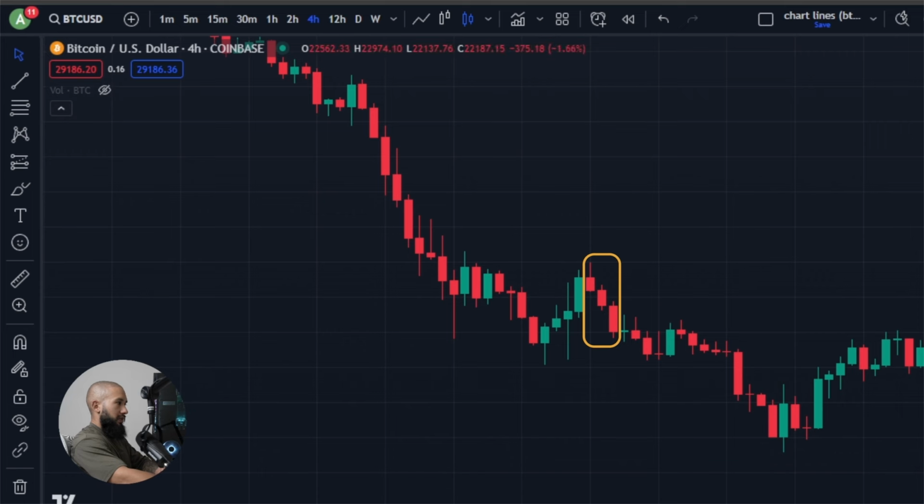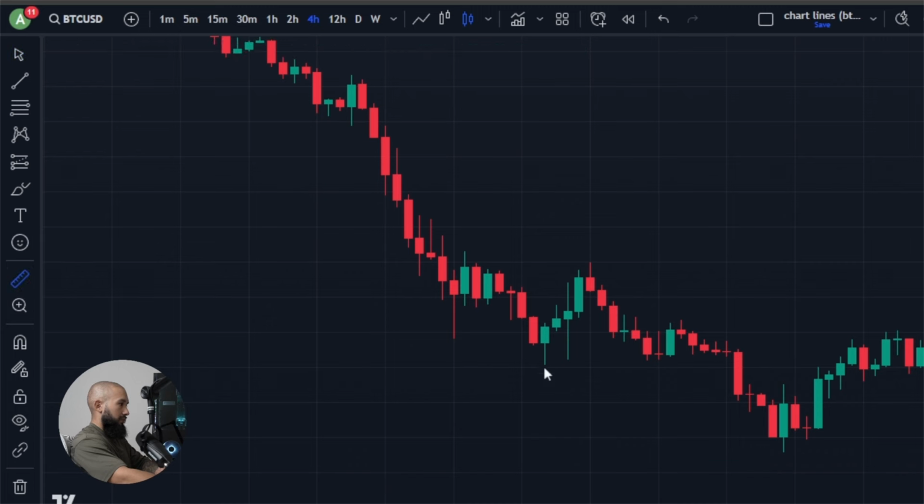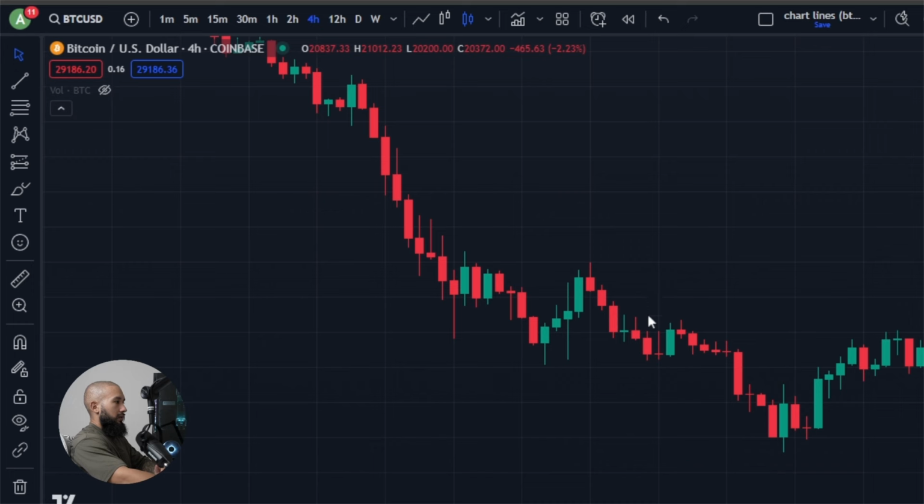We can also see that the wicks are equal to or smaller than the size of the bodies of the candles themselves. And if we measure this move for the uptrend from the start of it to the finish, it's about a 13% move.